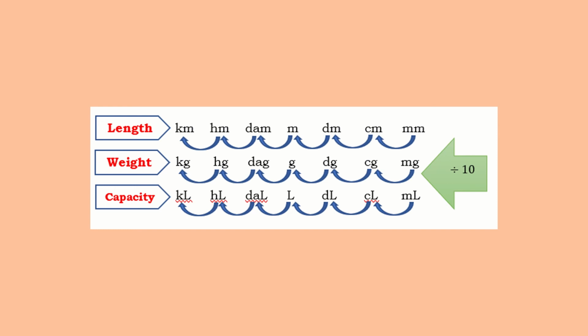This also always applies in the weight and the capacity. Kapag gamay gani, and you have to convert it to the larger unit, move left. And kapag dako and you have to convert it to smaller unit, you have to move right.